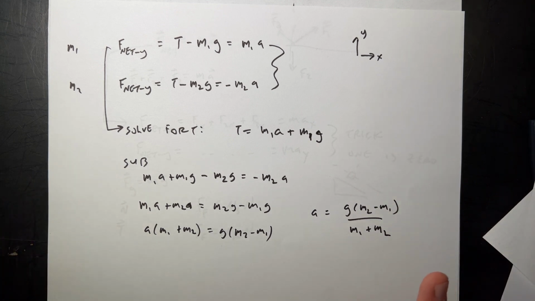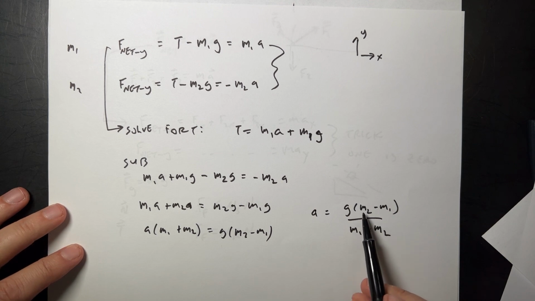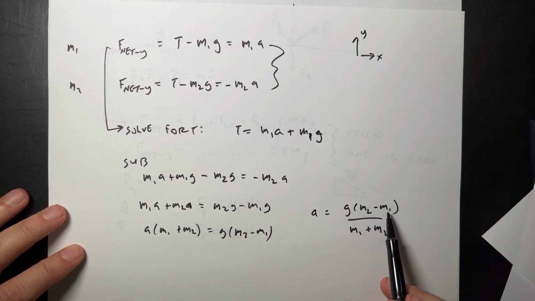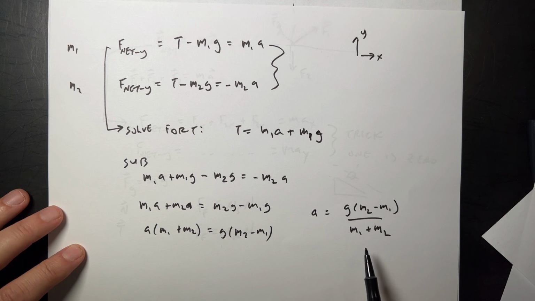Now, we're going to plug in our values because I have values. But I'm not going to yet because I want to make sure of a couple things. Does this have the right units? So the units for the mass up here, mass plus mass, is going to be kilograms. And the same thing's down here. So I have kilograms over kilograms, and kilograms divided by kilograms is just no unit. And then g has units.